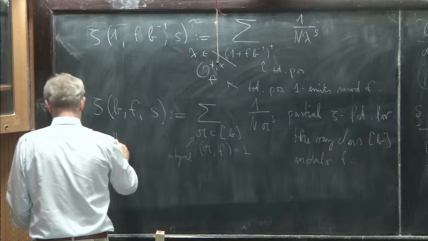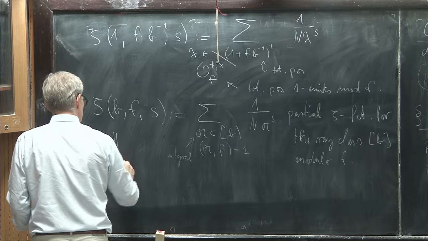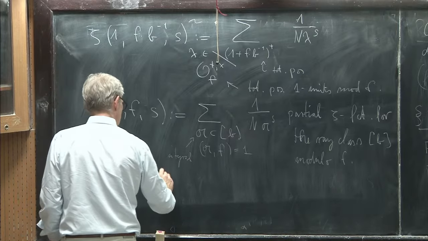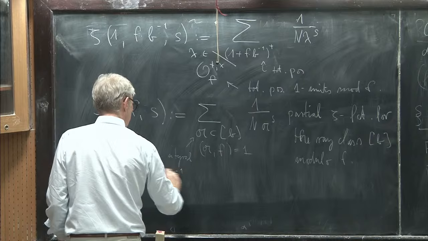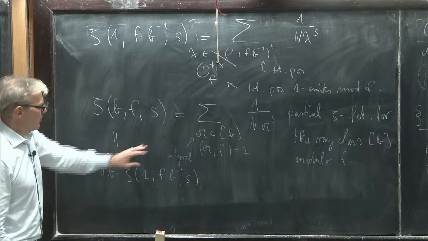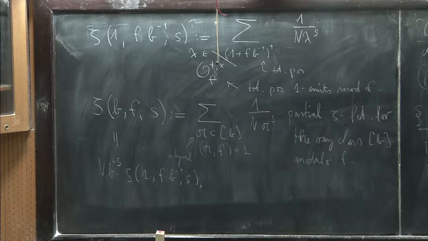This is just the following: a norm to the minus s times zeta of 1, f b inverse, s. I'm just giving this now for the number theory experts so that they see we treat the usual things here.